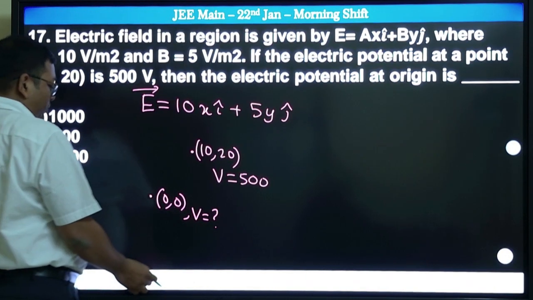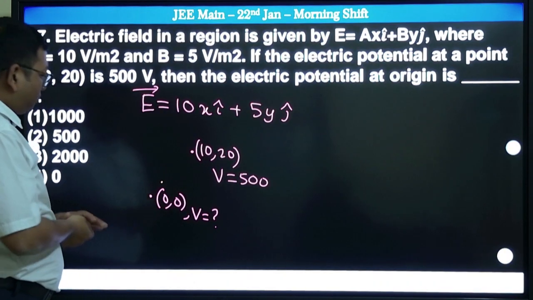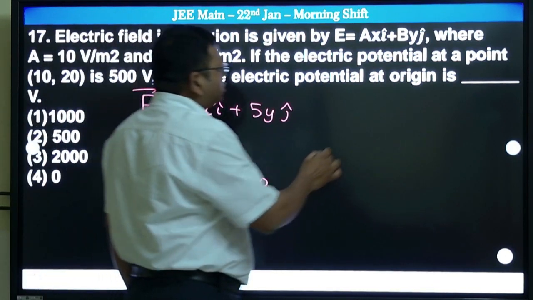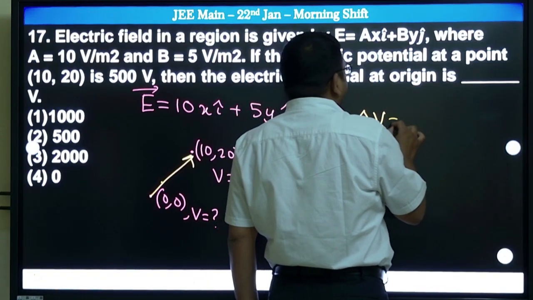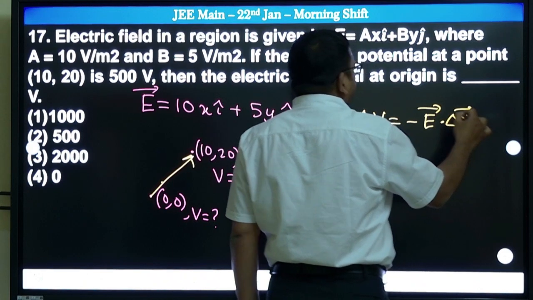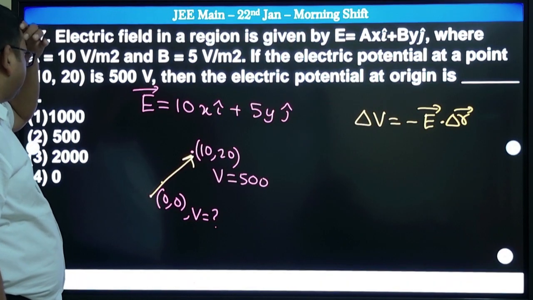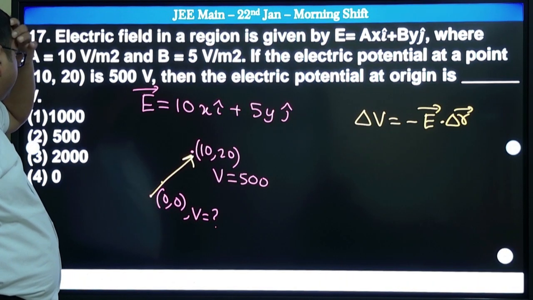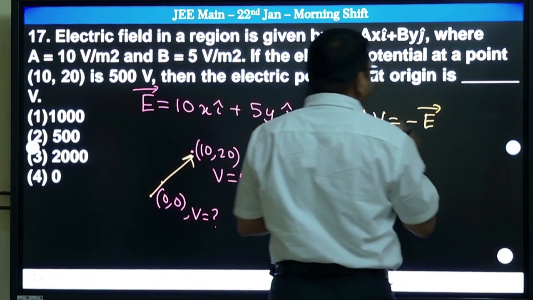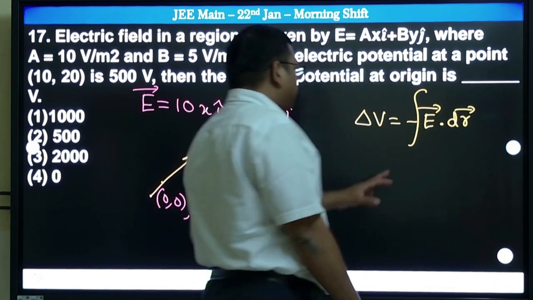So what you can do is you can go from either here to here or here. Anyway, you can move. Let us say I go from origin to this point. You know that delta V is minus E dot dr. Can we write it like this because the field is constant or variable? The field is variable, so we cannot write like this. Here we have to write integration of E dot dr, correct? Let us do this calculation.